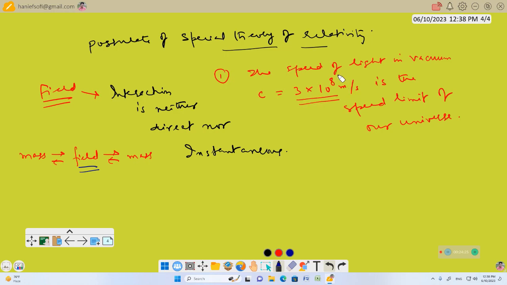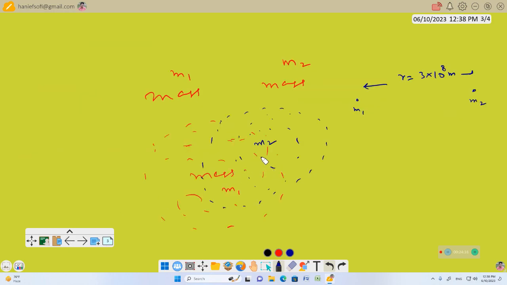That means light travels this many meters in 1 second, and we are saying when M1 is moved, there is a disturbance in its field, and that disturbance reaches M2 at speed c. The signal doesn't go instantaneously from M1 to M2. So it is in compliance with the speed limit set by the postulate of special theory of relativity.